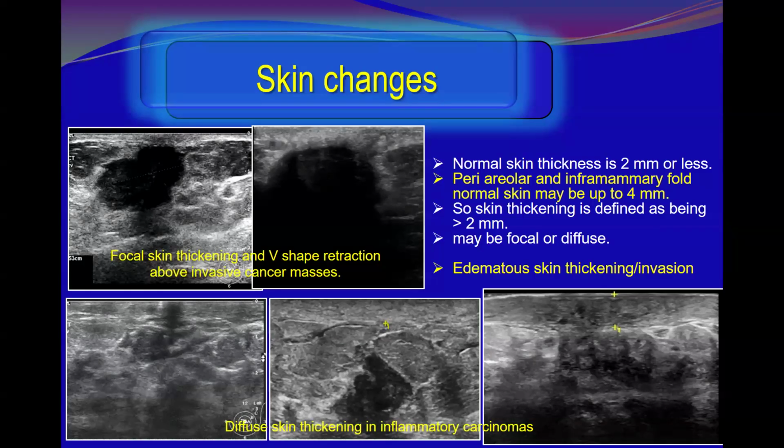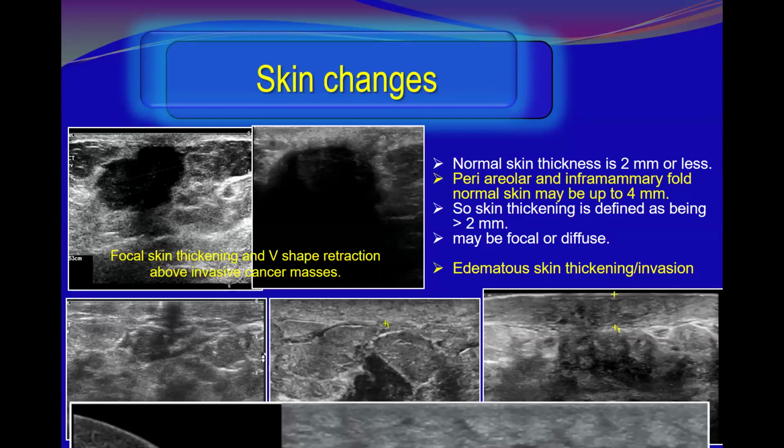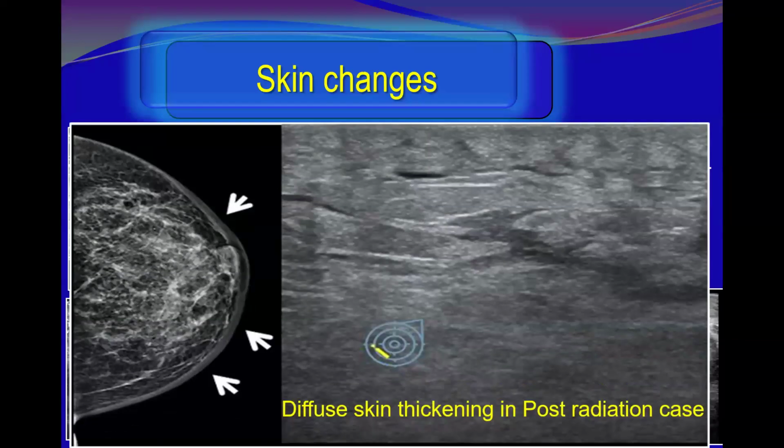So here we can see edematous skin thickening due to invasion of an underlying carcinoma. In this example, can you see the skin thickening on mammography and the corresponding one on ultrasound? It is diffuse in a case of post-radiation.